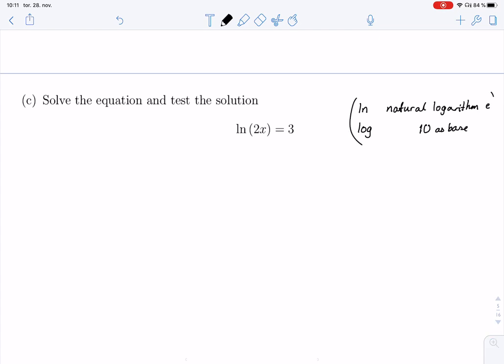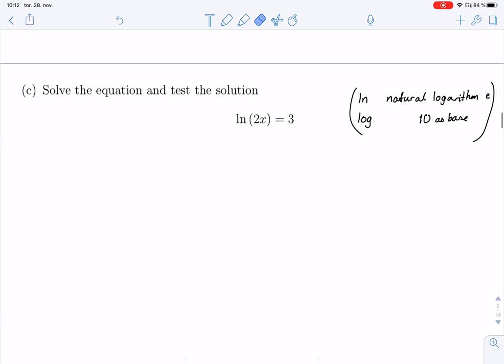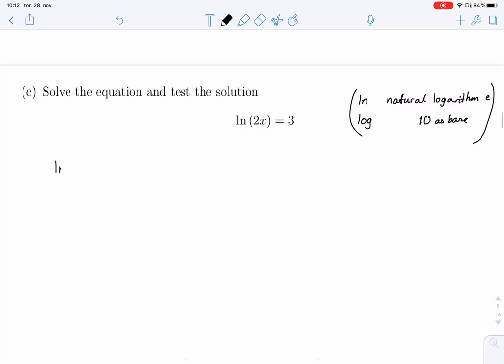So now we have an e. And I would like to have an expression for x, and it's trapped inside this logarithm thing. So in order to get that out of the trap, I put e on both sides.